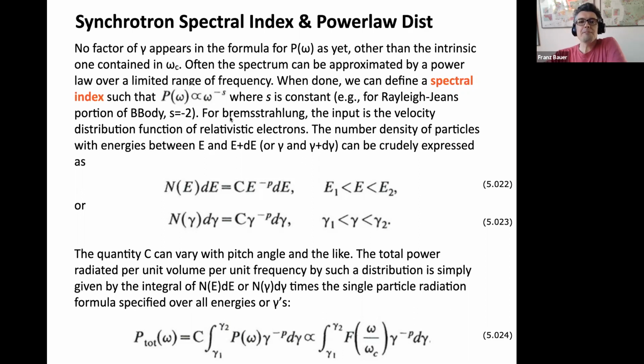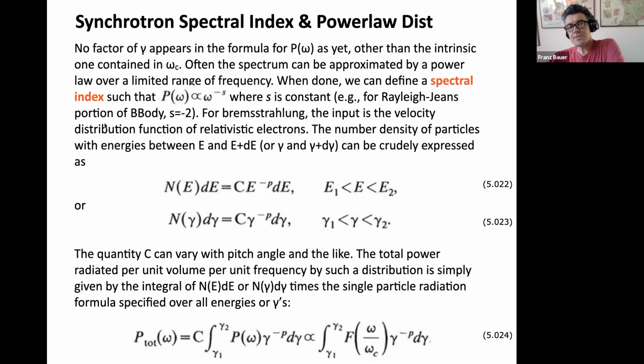And so what we can say here is then that this power is going to be proportional to the frequency to some power index, some spectral index. And we can then approximate what the shape of this thing is just by the spectral index as a function of frequency, for instance.